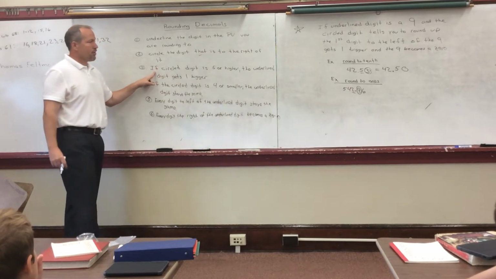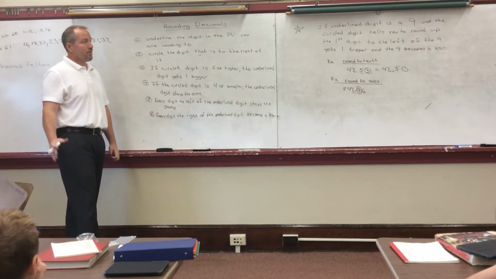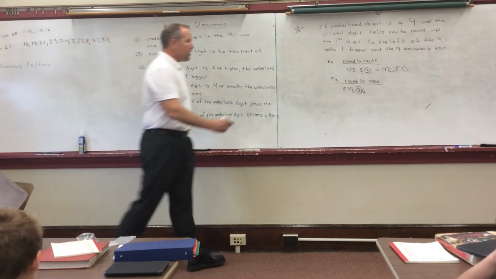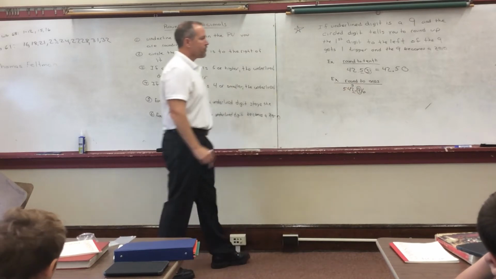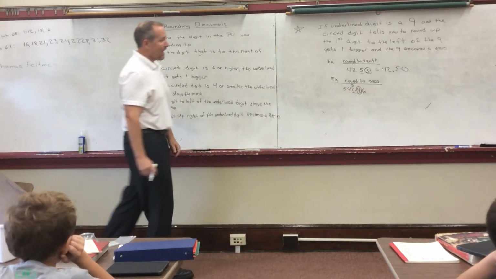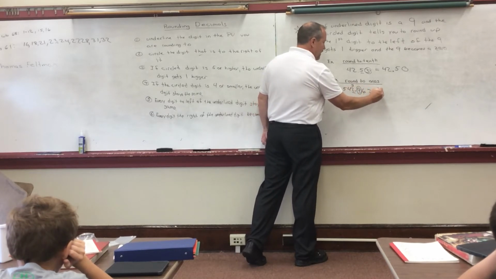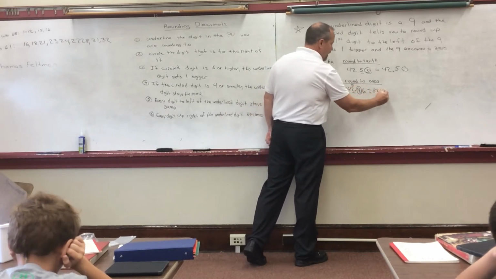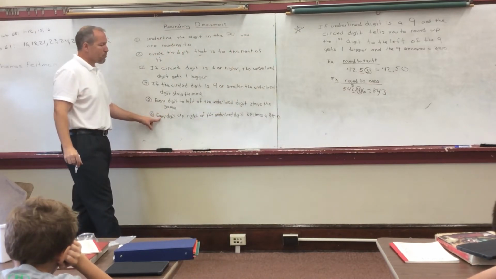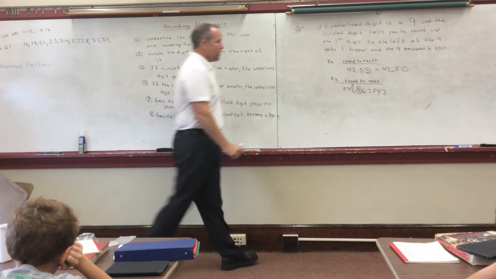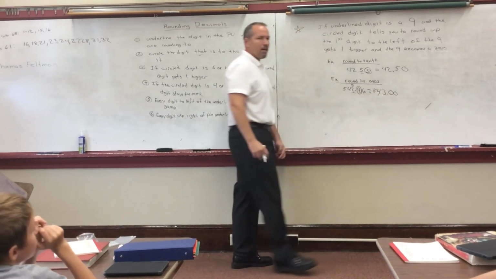Step 3, if the circled digit is 5 or higher, the underlined digit gets 1 bigger. The 9 is 5 or higher, so that 2 is going to become a 3. Now every digit to the left stays the same, so the 5 and the 4 stay the same. The 2 becomes a 3. And then every digit to the right becomes a 0, so the 9 and the 6 both become a 0.